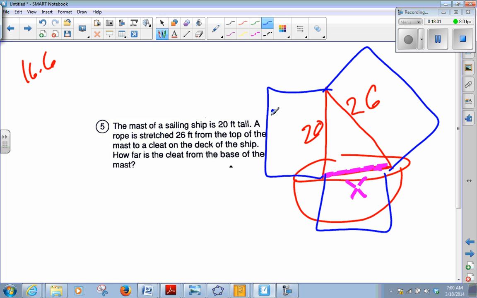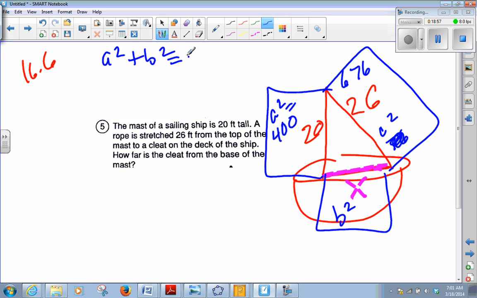So A squared, I'm going to call this one A, is 400 because that's 20 times 20. B squared, we don't know yet because we don't know how long this side is. C squared is going to be 26 times 26, which is 676. So we've got our A squared plus B squared equals C squared.